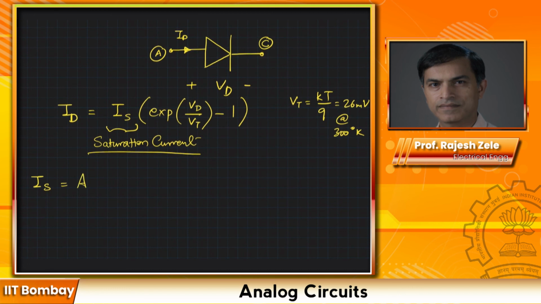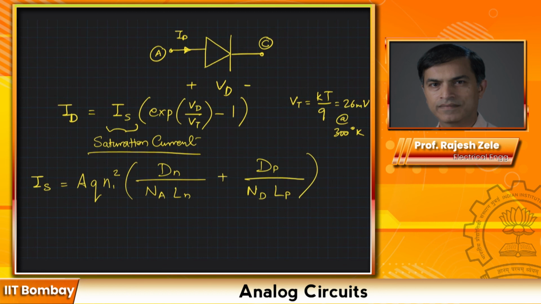So of course there is an A. IS has a q term in it. It also has Ni squared and then Dn divided by Na Ln plus Dp divided by Nd Lp. Let me explain what this means. So A is the area of the diode. And what is Ni? Ni is the intrinsic carrier concentration.